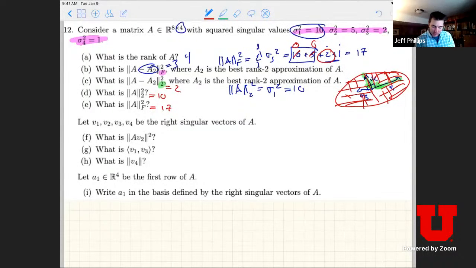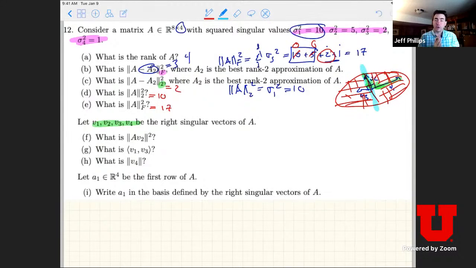Next part here is talking about the right singular vectors. Remember, these were in this picture. They were telling me about the structure of the data. And now again, we're talking about the norm of A times V2 squared. I'm projecting the data onto this subspace defined by the second right singular vector and asking how much variation of the data there is in that subspace.